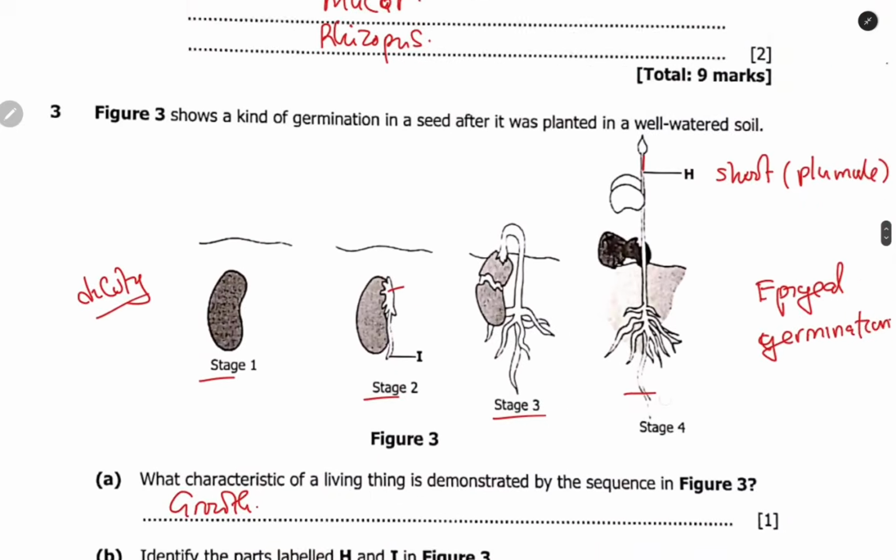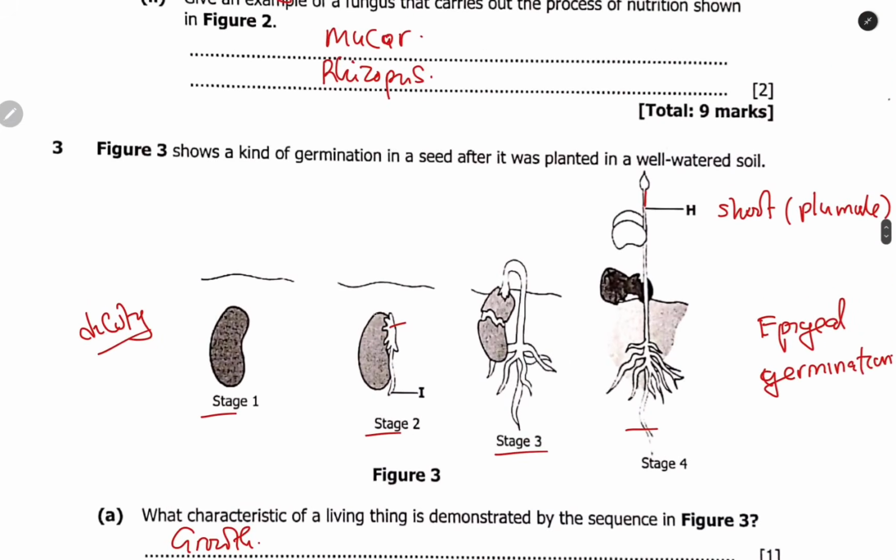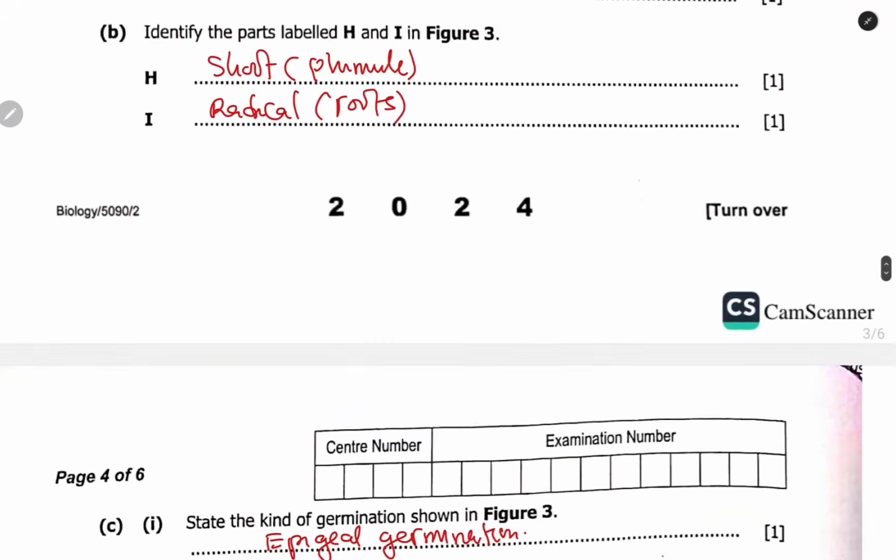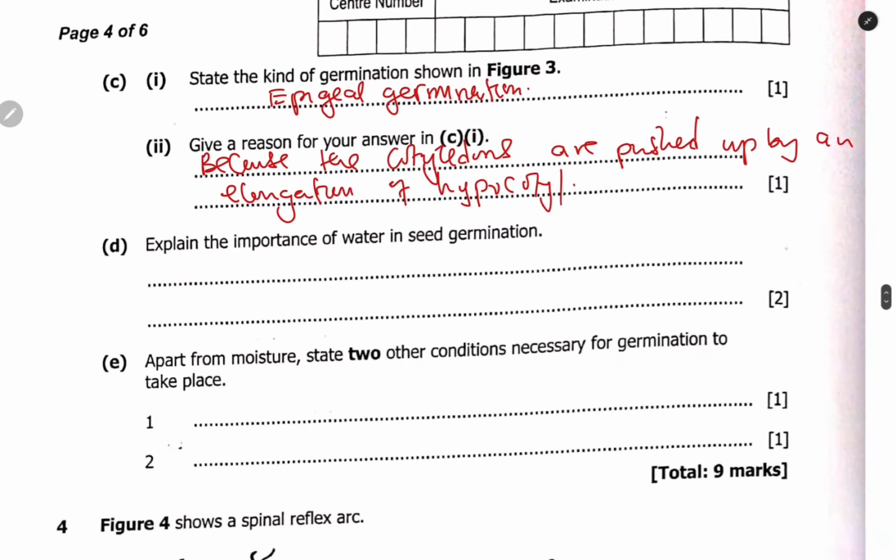Look at this. This is the cotyledon, in a testa. As it breaks out, look at this, these are cotyledons. So they are all pushed out as they germinate. But for the other kind of germination, the cotyledons remain underground, and then what comes out is just the shoot. I guess you've seen that. So that is the reason why we are saying it's epigeal germination.